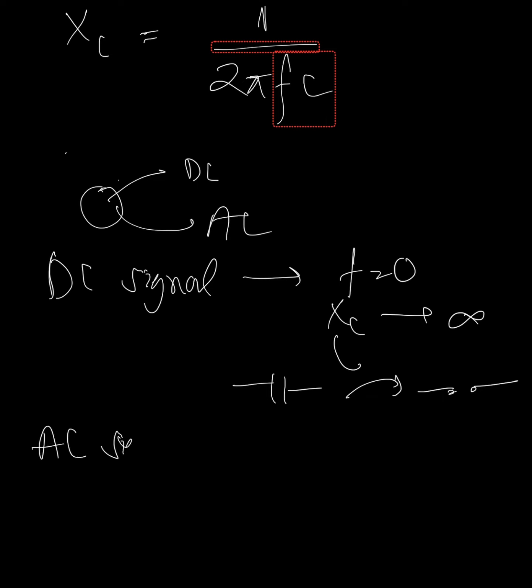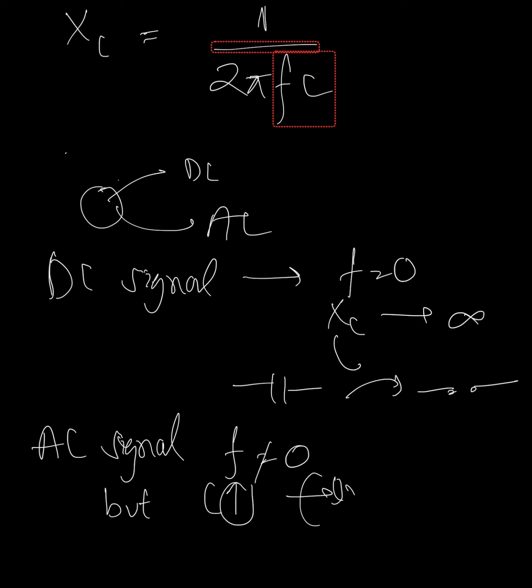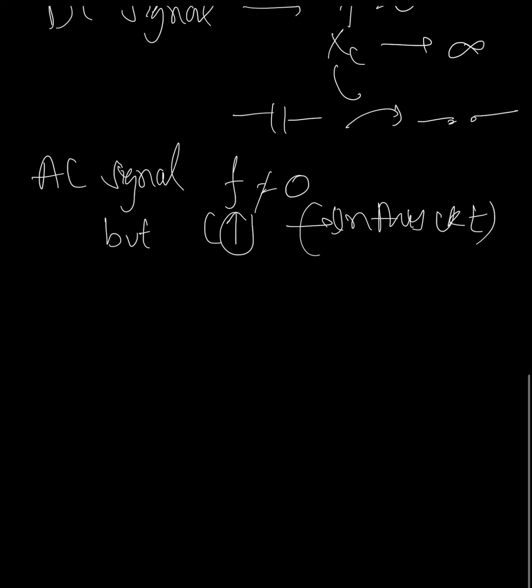But on the other hand, for AC signal, F is non-zero, but the capacitors in this circuit which we have taken are very large, having very large values. So reactive capacitance Xc is equal to 1 by 2 pi Fc.